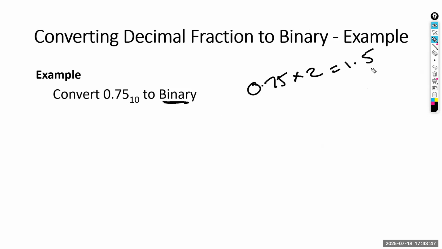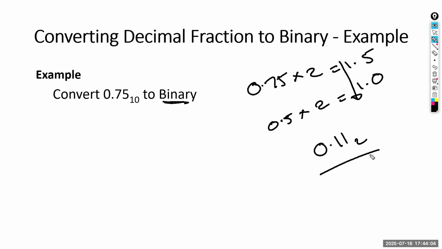Then take the decimal part only and again multiply by 2. 1.0. When you get 0 here, you can stop. Then write your whole number parts from top to bottom, in this case 1, 1. So the final answer is 0.11 in base 2. You can double check: this is 0.5, this is 0.25, and 0.5 plus 0.25 is 0.75. Yes, the answer is correct. You can quickly double check like that.